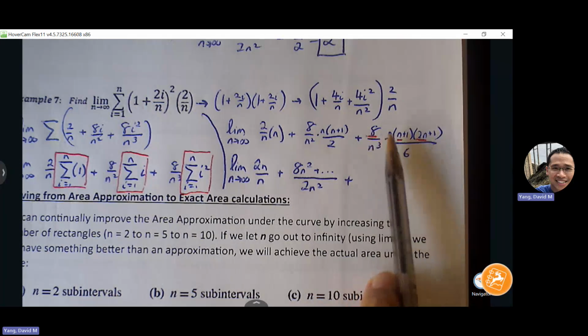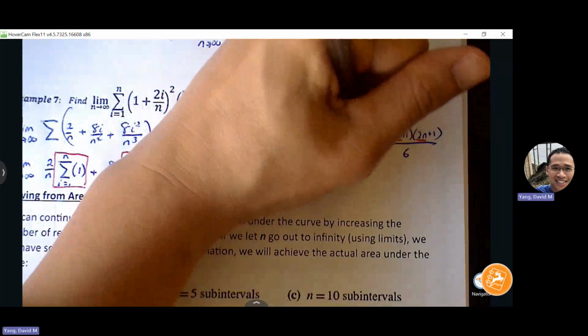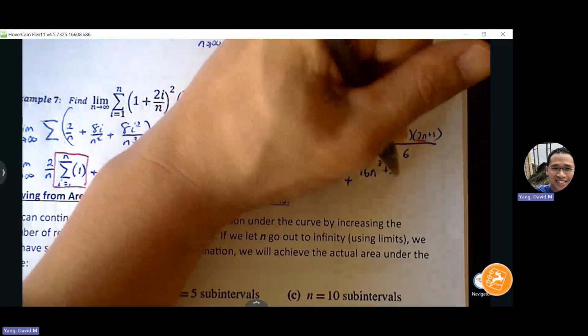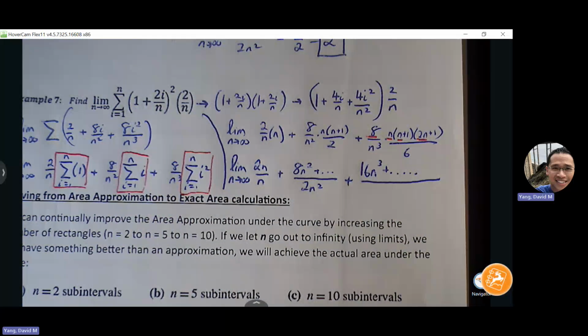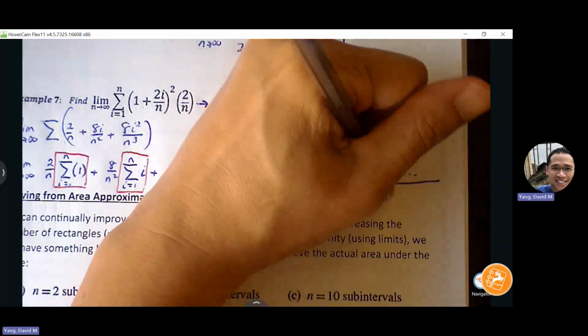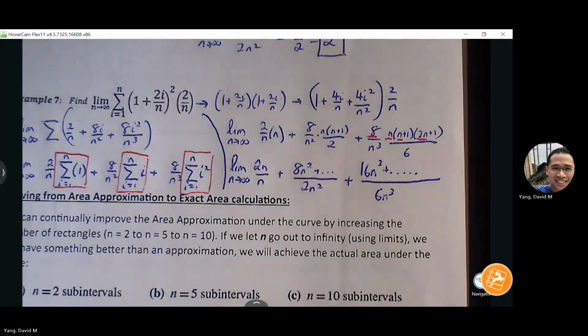So if I multiply the 8n, n, and 2n, what does that give me? 16n to the third. Now, there are obviously more terms, but all the other terms have a lower degree, and we don't care about those coefficients, right? We only care about the highest degree. So this will just give me 16 over 6. So I have 2 plus 4 plus 16 over 6, and that's my answer.